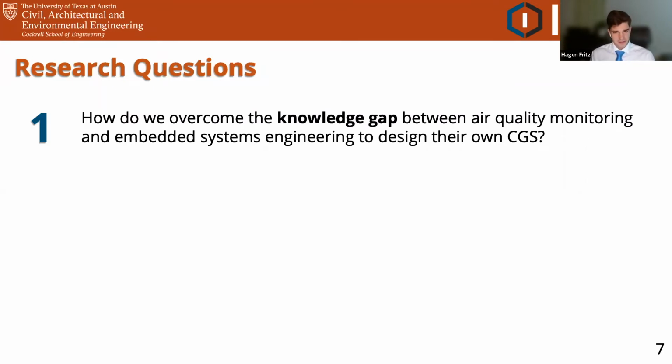But a lot of times when I read studies from that second group, they report results and the numbers just don't make any sense. The concentrations that they're measuring are outlandish, right? So we need a combination between the air quality scientists who know what values make sense, and the embedded systems engineers who can make these really nice devices.